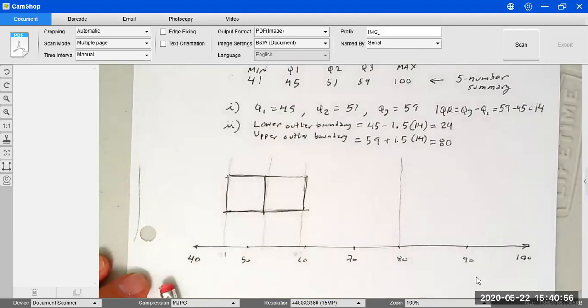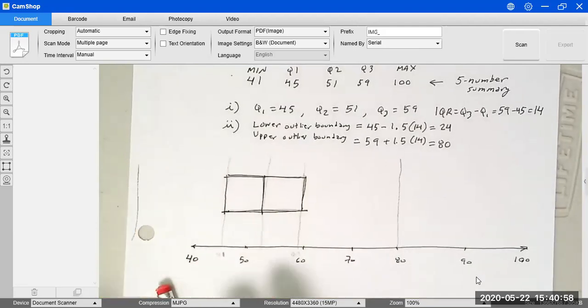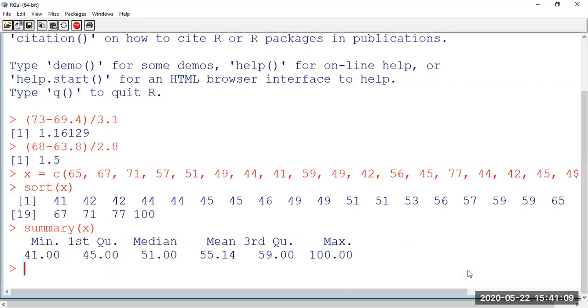We need to check our list of values. So we need to look at the sorted list. So we go back to R, and we're gonna find those values. So I have the sorted list. 24 is my lower outlier boundary.